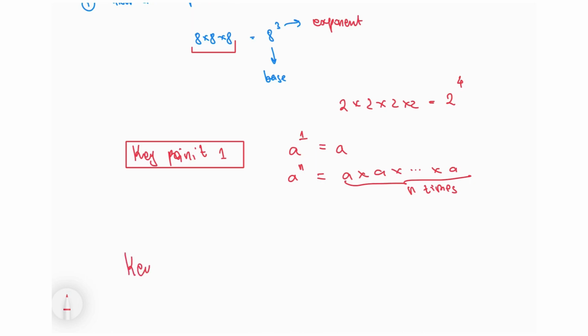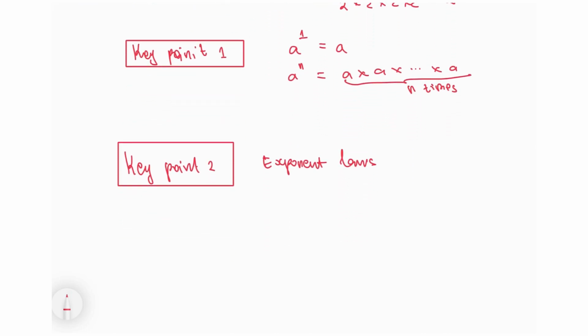And we have also exponent laws. So I will just write here key point 2, exponent laws. First we have a to the power m times a to the power n is a to the power m plus n.